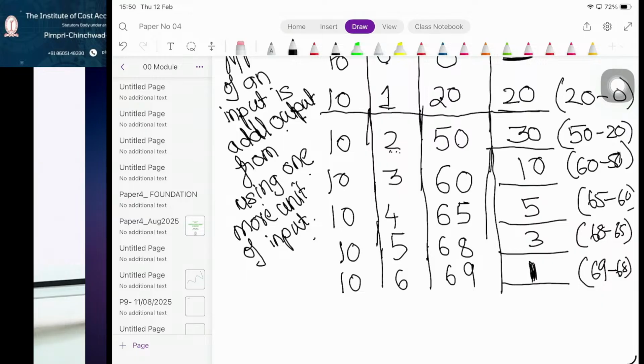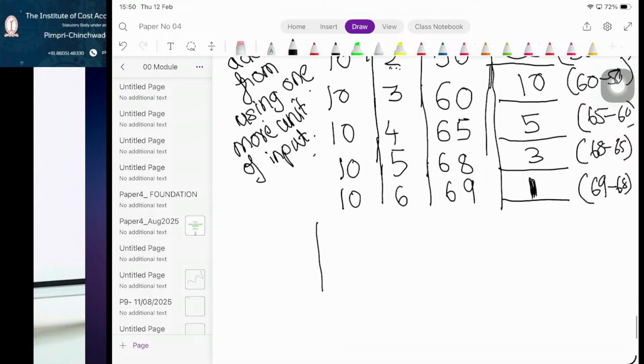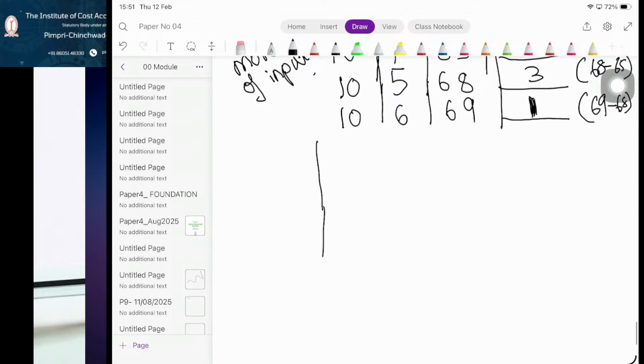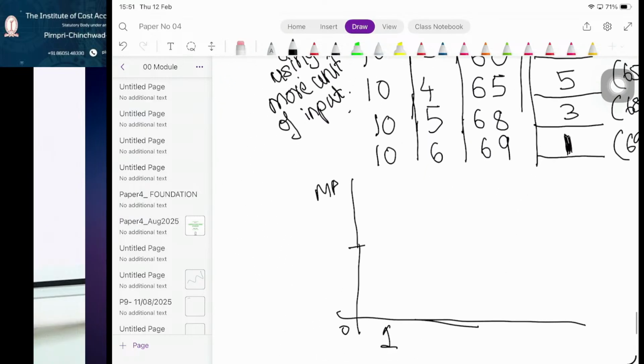So now write down what do we mean by the law of variable proportions, or sometimes even the law of diminishing marginal product. Okay, what it states is that, look, if I were to draw only the marginal product, I'm not drawing anything else. 0 we cannot calculate. For first unit it was 20. So 20 and 1. For the second unit it was 30, correct?